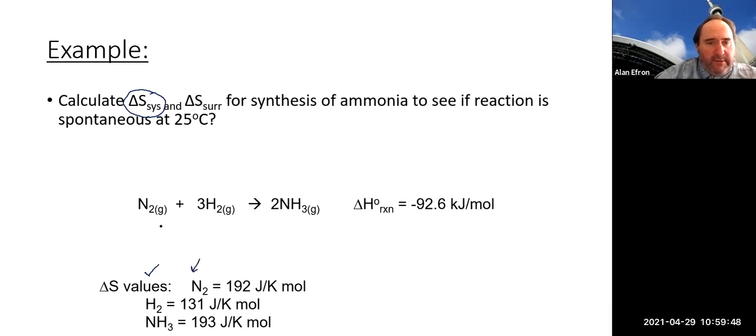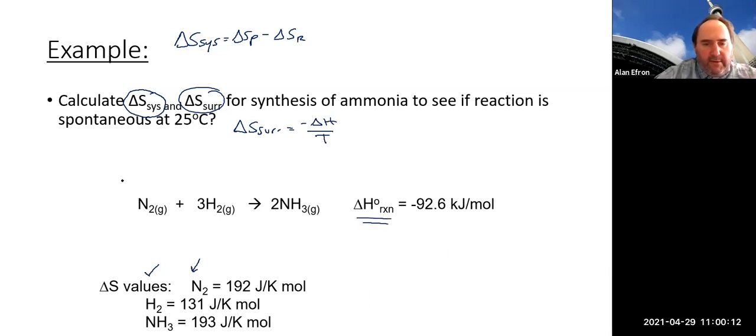Our system is delta S of our products minus delta S of our reactants, and our surroundings is delta S of the surroundings equal to minus delta H over T. Here's our delta H value here. So we really do have pretty much everything that we need. So let's see what we end up with.